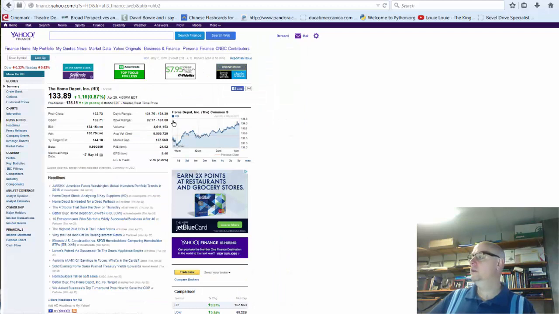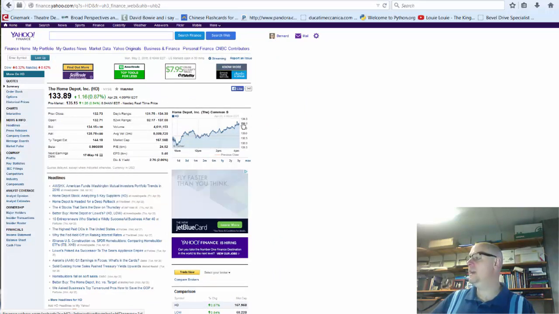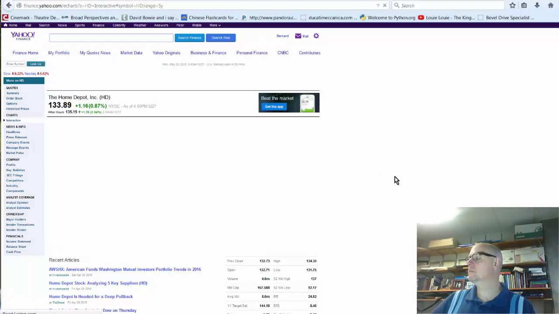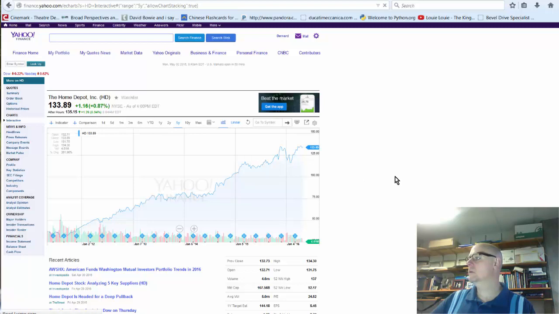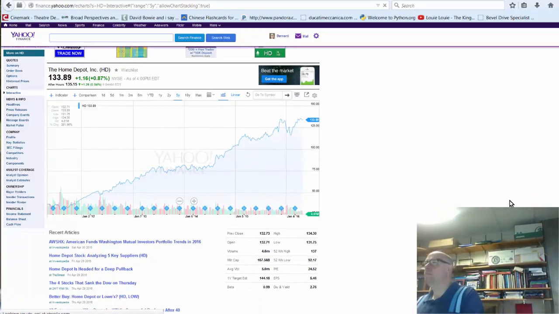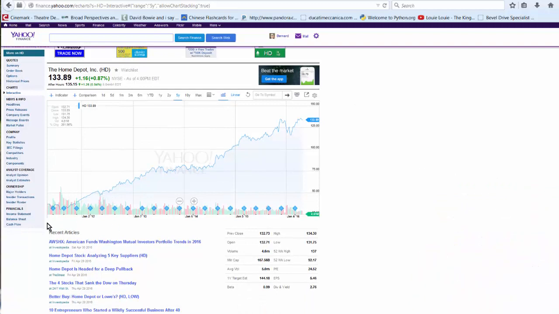Okay, so here's the stock trace, just giving me the prices over the last day. But let's look at a 5-year. All right, I want to understand what's happening here.